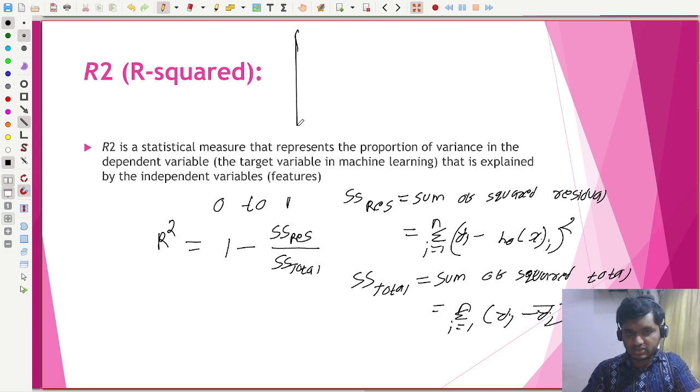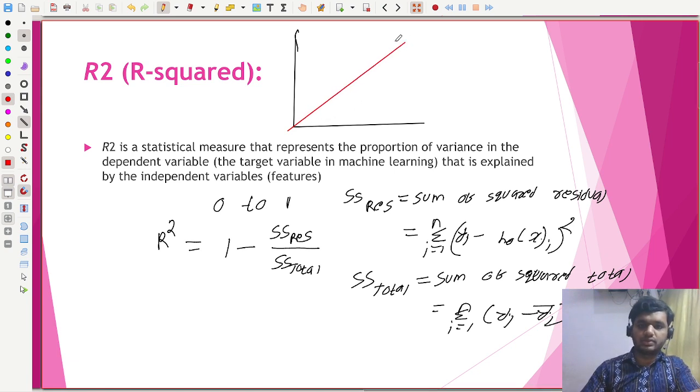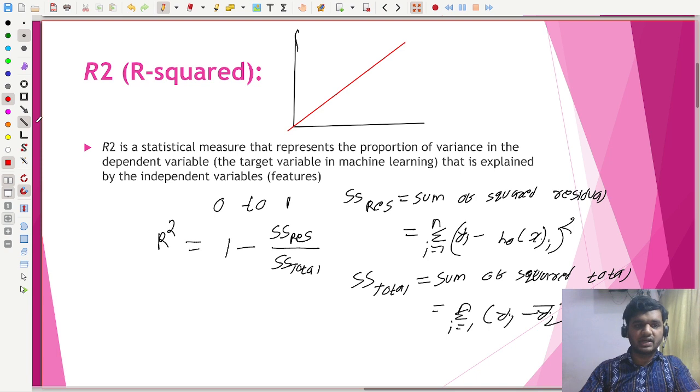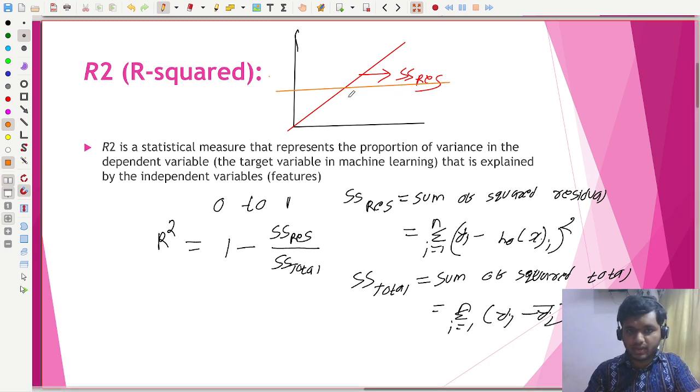Suppose you notice the line of linear regression, the line is this. It is your SSRES. And another line is like this, and it is your SS total.